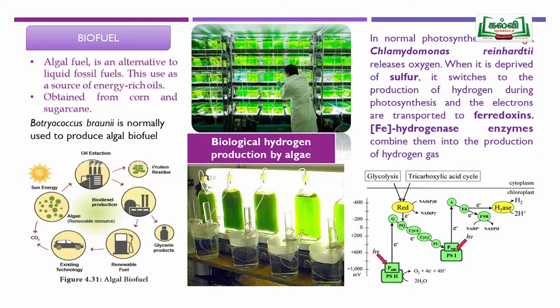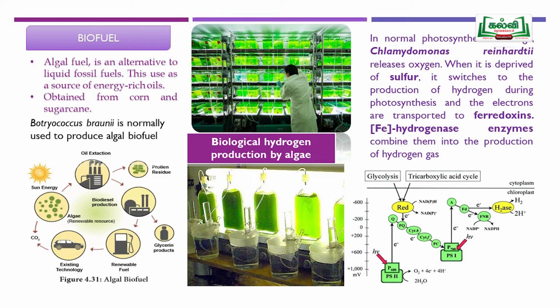The next one, biofuel. If you take biofuel, algal fuel we will use as a biofuel. It is one of the alternate fuels for fossil fuel. Now the entire nation depends on petroleum products only, so we have to switch over to alternate methods like biofuel. Especially certain algae we may use. One of the good algae is Botryococcus braunii. This algae contains very rich oil.